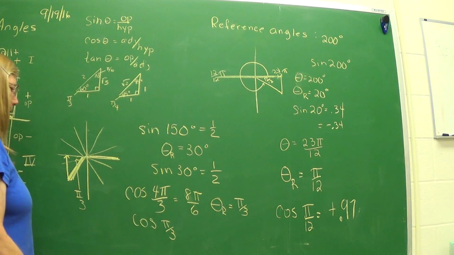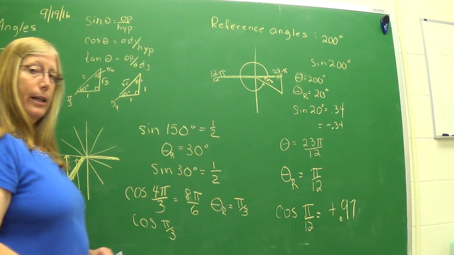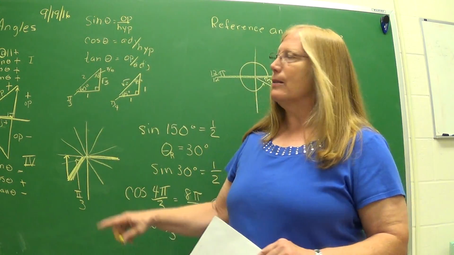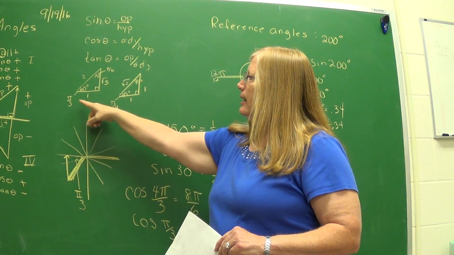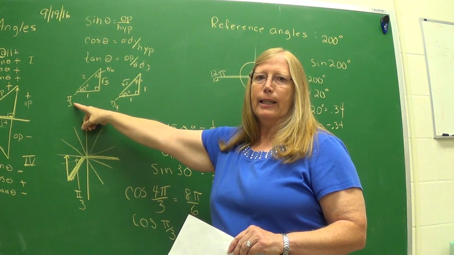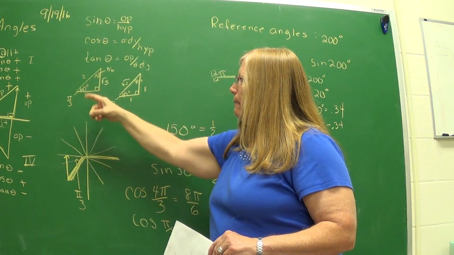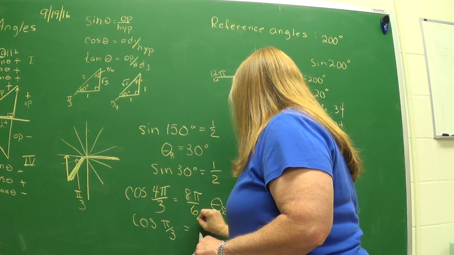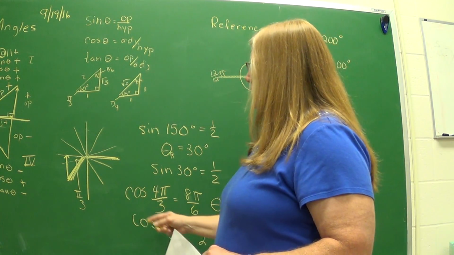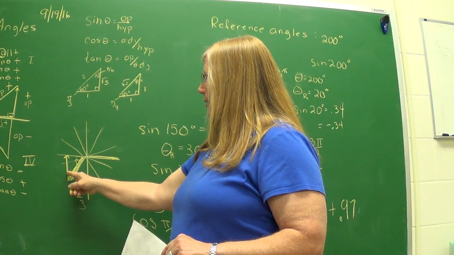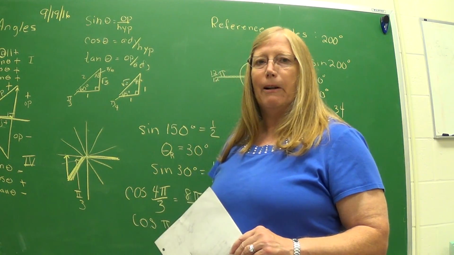So what about the cosine of pi over 3? Do we know that from our special triangles? Pi over 3 is right here, it's the same as 60. So we want cosine, so we want adjacent over hypotenuse. So we get 1/2. And then we go back and we check in the third quadrant, is cosine negative or positive?